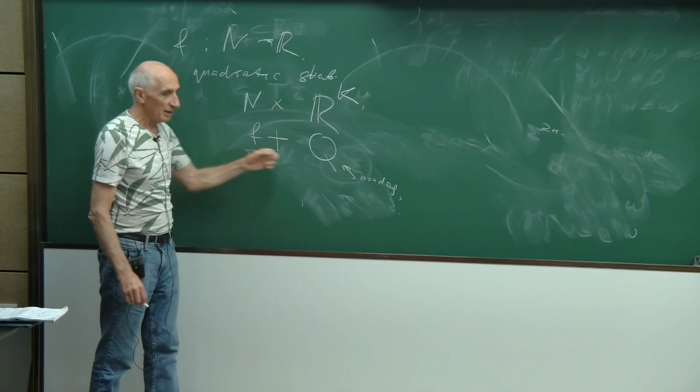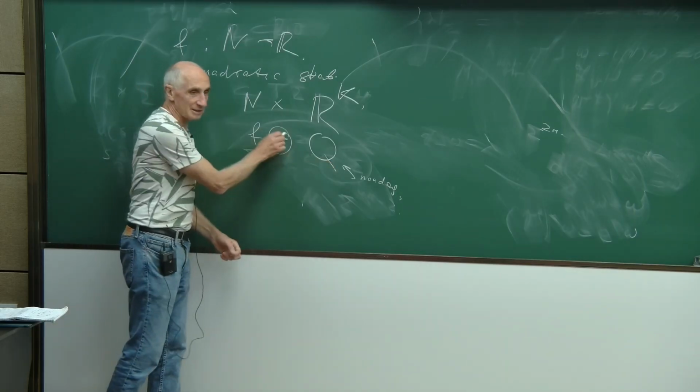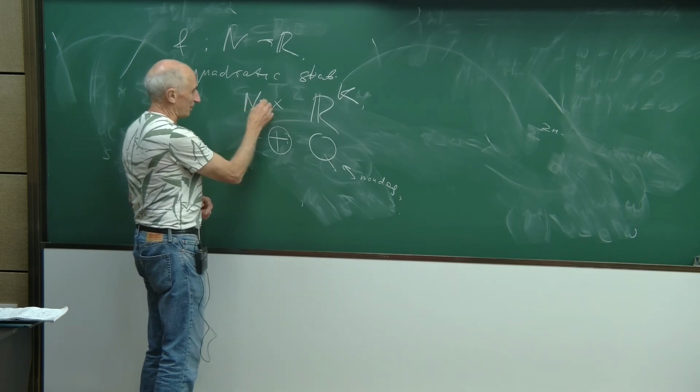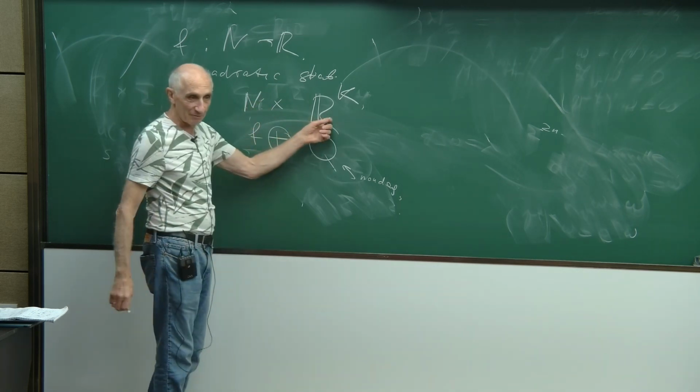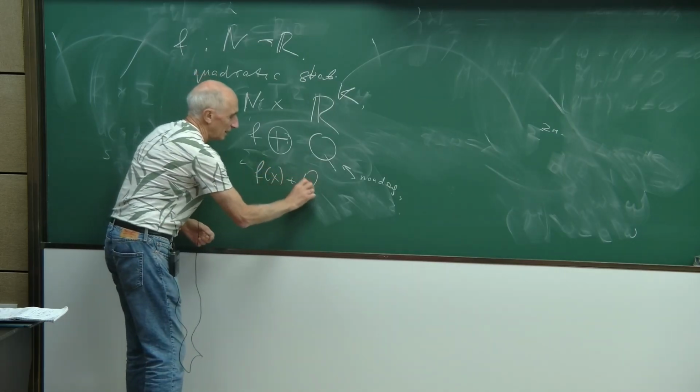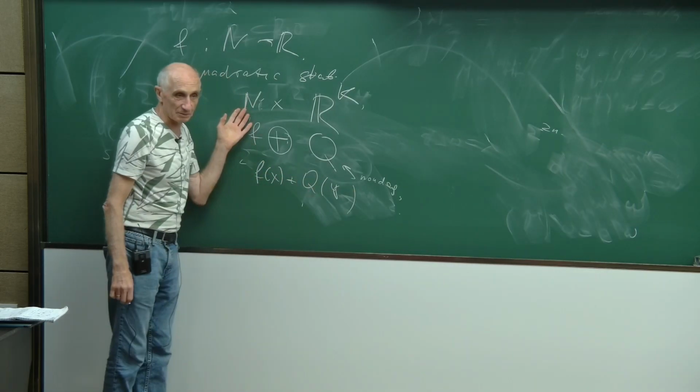So this function f plus q, a direct sum, it's a function of a variable here plus a variable there, like f of x plus q of y, and it is called the quadratic stabilization of this one.